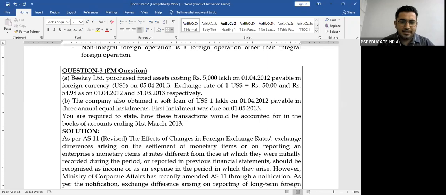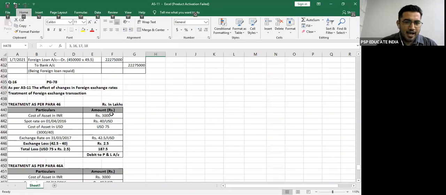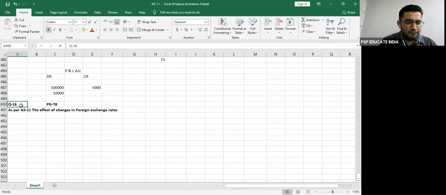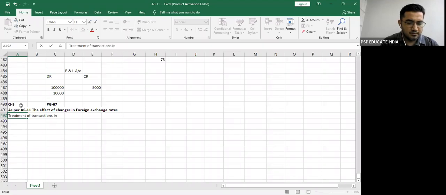Very good question to understand. Put your first statement. As per Accounting Standard 11, the effect of changes in foreign exchange rates. We are doing question number 3, which is on page number 67. Treatment of transactions in foreign currencies.